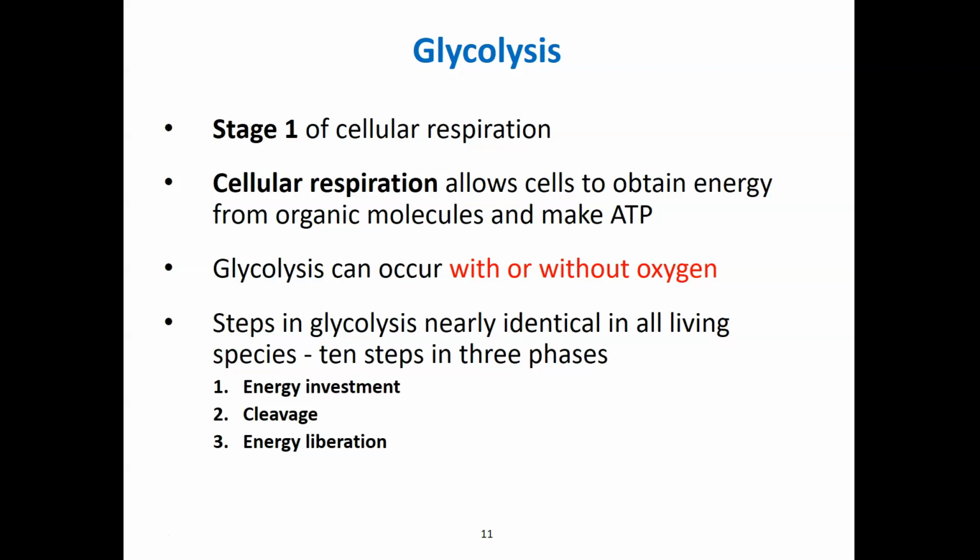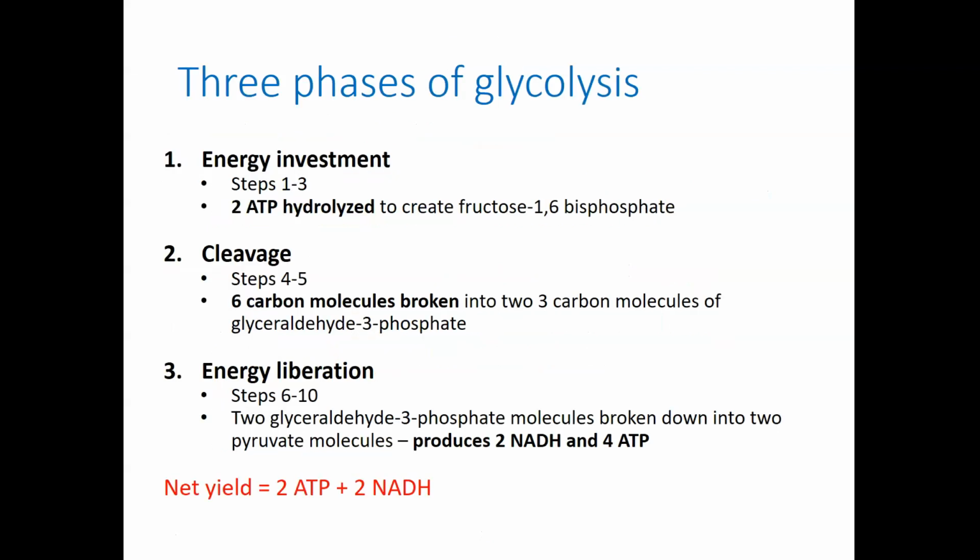We have 10 steps in glycolysis, and we have them divided into 3 main phases. The first step in breaking down glucose is what we call energy investment. We're actually going to be putting more energy into the glucose molecule. Then we will cleave that molecule, break it in half, and then we're going to harness energy off of the glucose molecule.